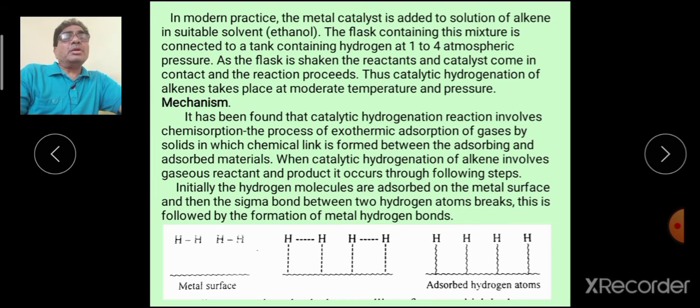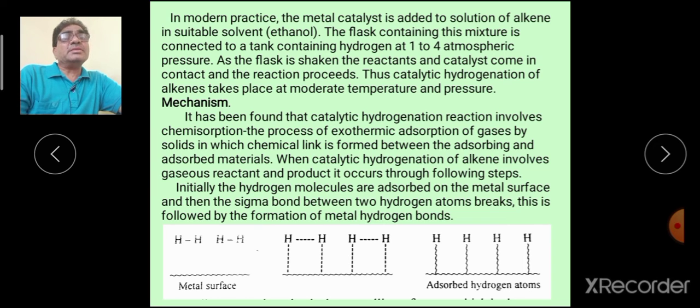Now in the modern practice, the metal catalyst is added to a solution of alkene in a suitable solvent like ethanol. The flask containing this mixture is connected to a tank containing hydrogen at a pressure of 1 to 4 atmospheres.